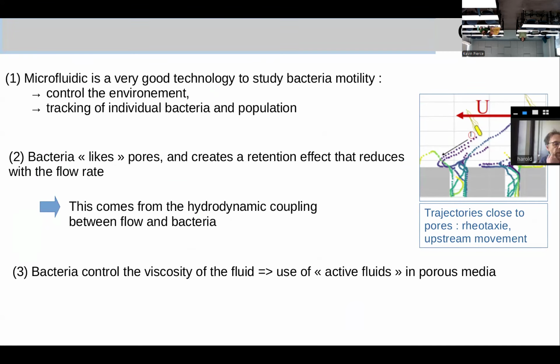So I will give a brief conclusion of my presentation. Just to say first, microfluidics is really a good tool to study bacteria, because we can control the environment, the chemical environment, and also the geometry of the flow cell.